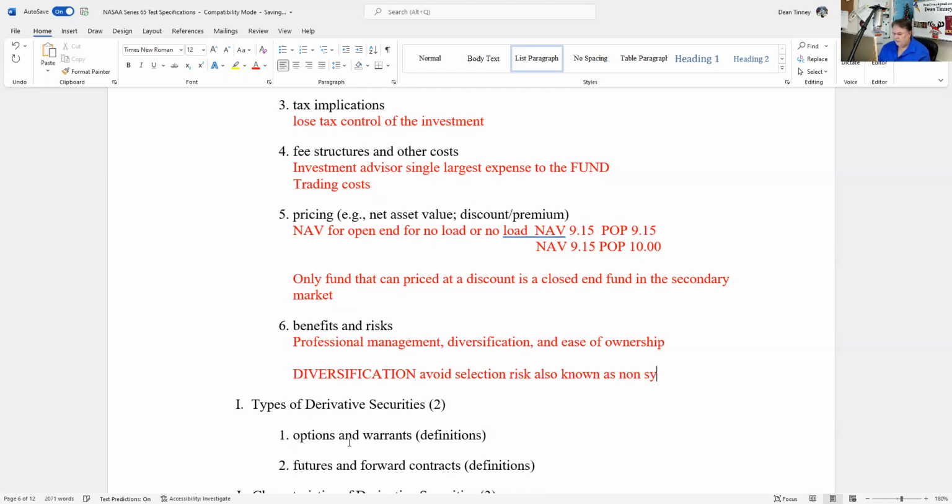So it's very testable as an investment advisor representative to know how to avoid selection risk. Bernard Baruch said money is like manure and you've got to spread it around. If you just pile it up in one place, it just stinks, right? So we're going to avoid this by diversifying.